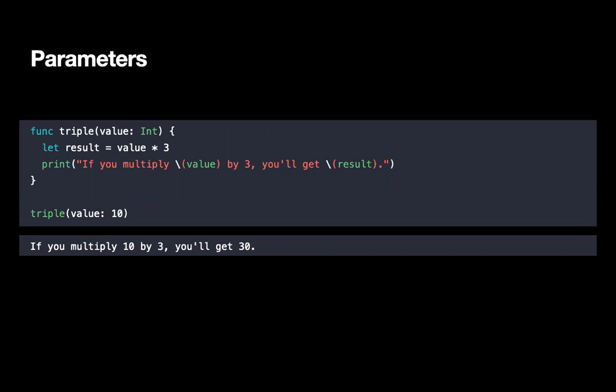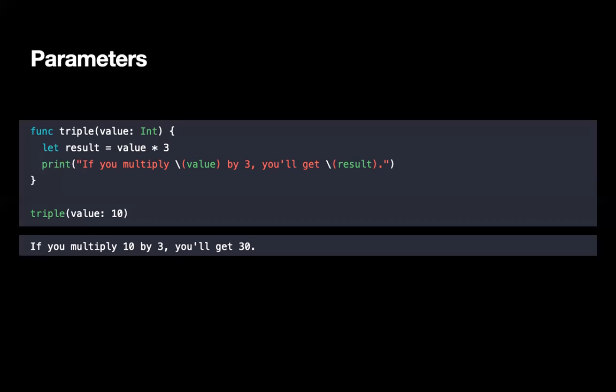So value is the parameter passed to this function triple, and inside the curly braces we have defined one constant, let result equal to the parameter value multiplied by 3. We can use the parameter as an argument inside the function. Then we are printing the result of multiplying the value by 3.